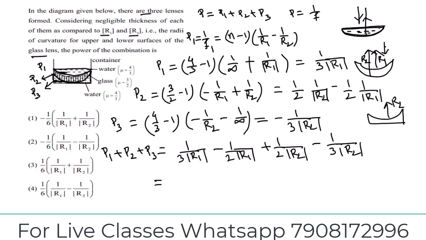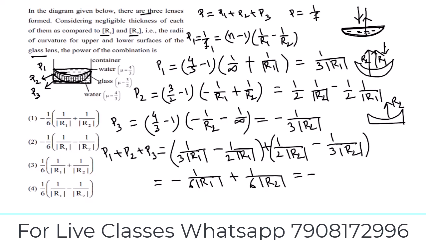Now this becomes 1 by 3 R1 minus 1 by 2 R1. If we add this, then 6 is the LCM, so it becomes minus 1 by 6 R1. And again if we add these R2 terms, then it will become plus 1 by 6 mod of R2.